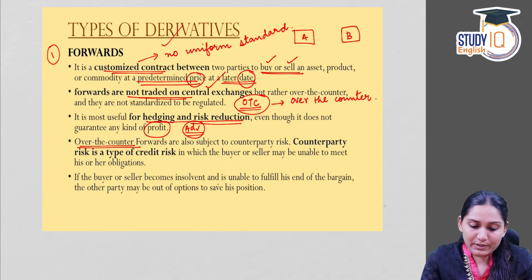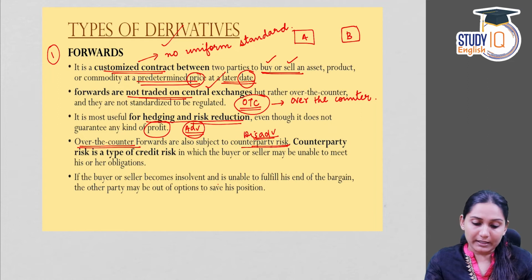Over-the-counter forwards are also subject to counterparty risk. This is the disadvantage or the risk associated with it. Counterparty risk is a type of credit risk in which the buyer or the seller may be unable to meet his or her obligations.